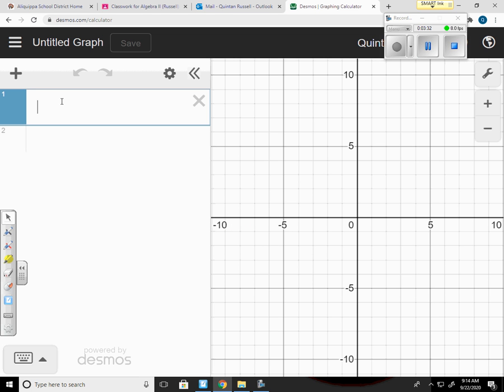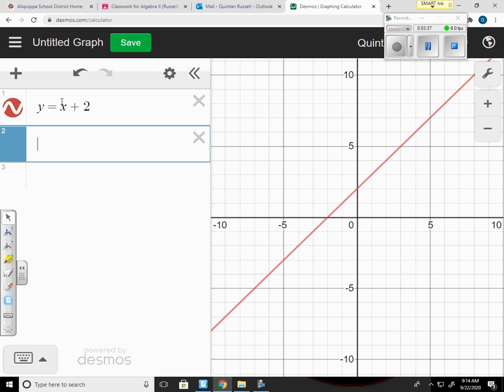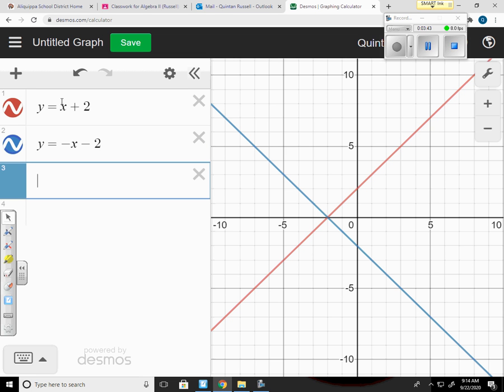And I can graph my two equations. Y equals x plus 2. And now I can do y equals negative x minus 2. And so if I look at this, this line is reflected downwards across the x-axis. So what was going up is now flipped down. What was down is now flipped up. So my equation is correct.